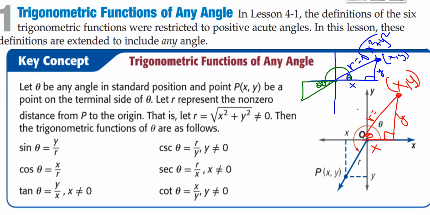But if you think about that, then your point x, y is here. Notice x is negative, right? And y is negative. So we're trying to put this on a right triangle, but it's really not, because now those are negatives.